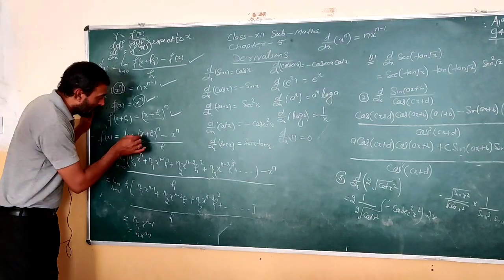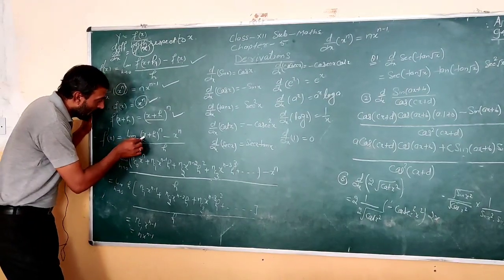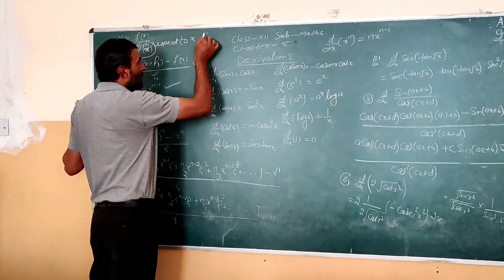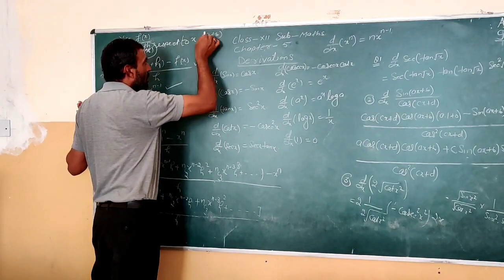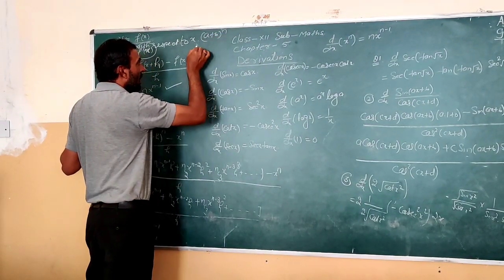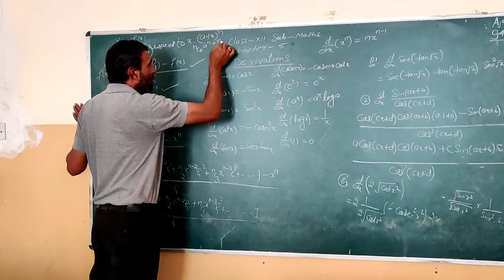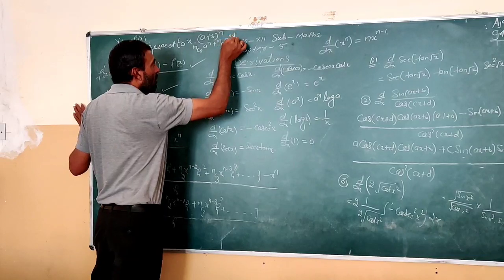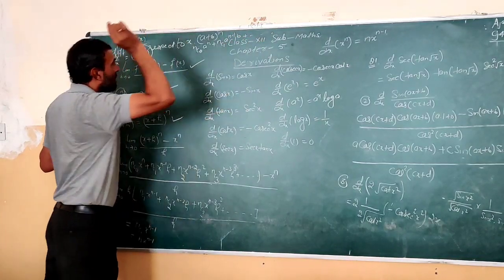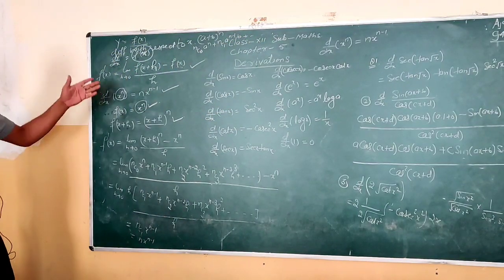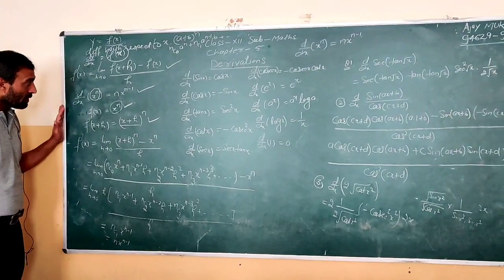Now we have to apply here the binomial theorem, a plus b. We know that this is the binomial theorem, a plus b raised to n is nC0 a raised to n plus nC1 a raised to n minus 1 into b plus and so on. Same procedure, we have to apply here the binomial theorem.